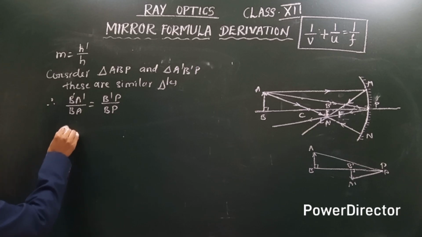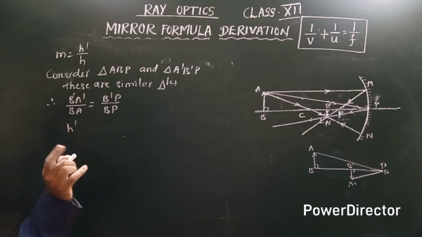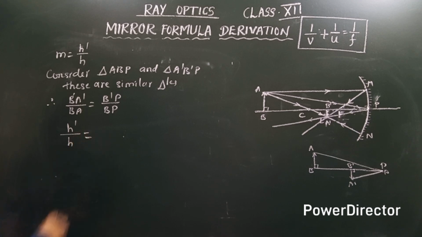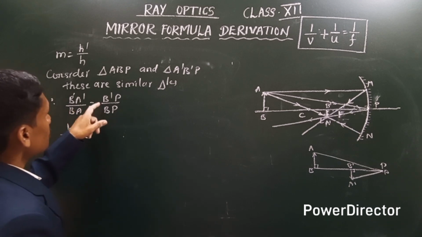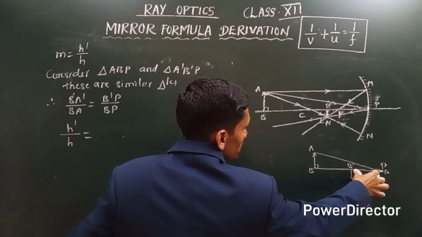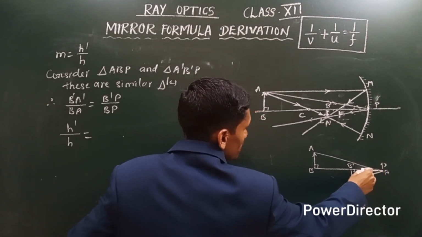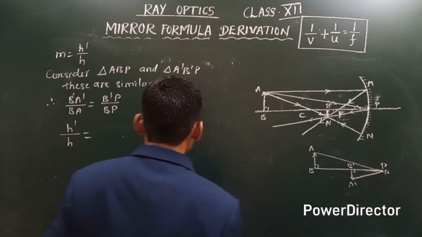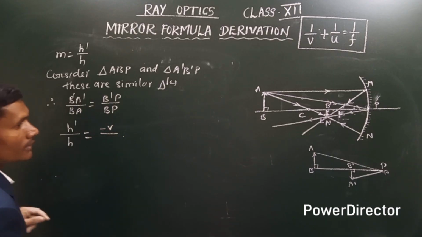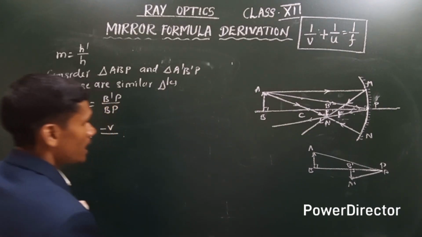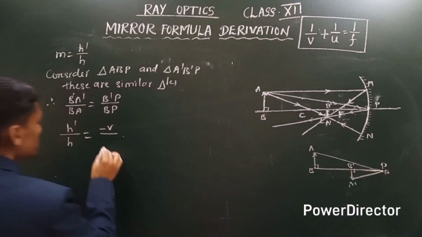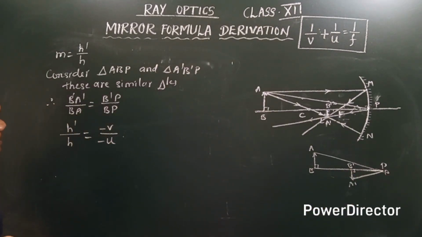B dash A dash is the height of the image, and BA is the height of the object. You know that. B dash P is the distance of the image from the pole of the mirror, so the distance of the image is minus v, or not? That is minus v. And BP is the distance of the object from the pole of the mirror, that is minus u, right?